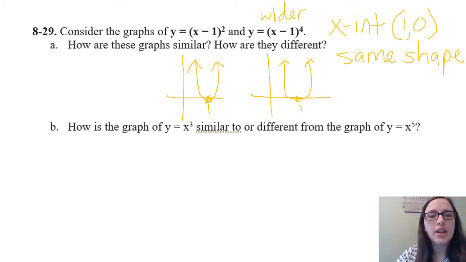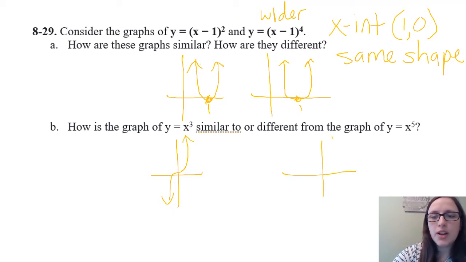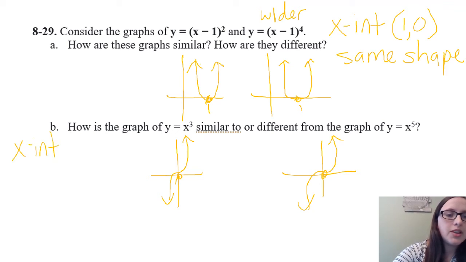All right, and then in part B, it's kind of the same difference. They are both going to go through (0, 0), so they're both going to have the same intercepts, and they're both going to have the same shape. It's just that when the exponent gets bigger, where it crosses, it gets a little bit wider. So both have an x-intercept at (0, 0), same shape.